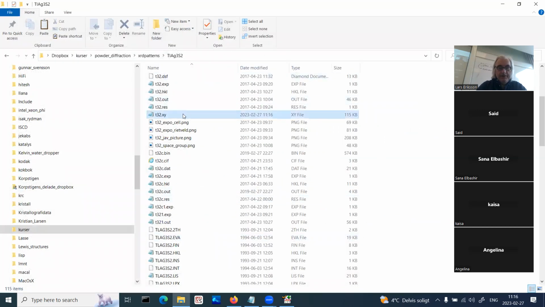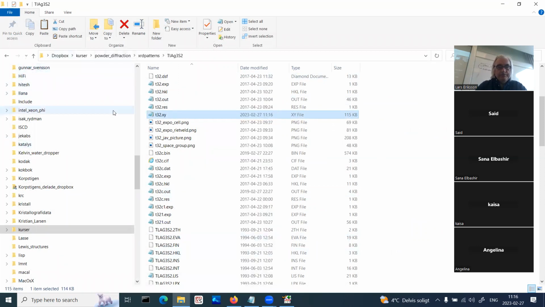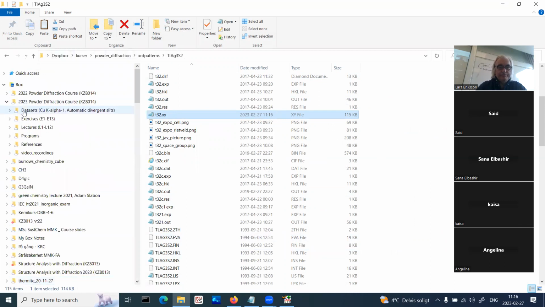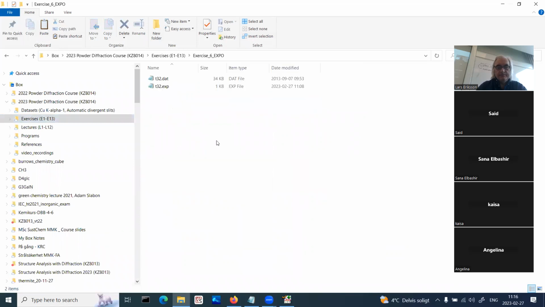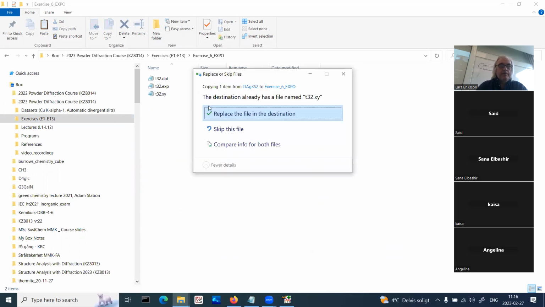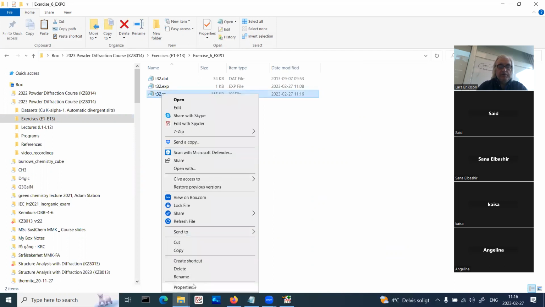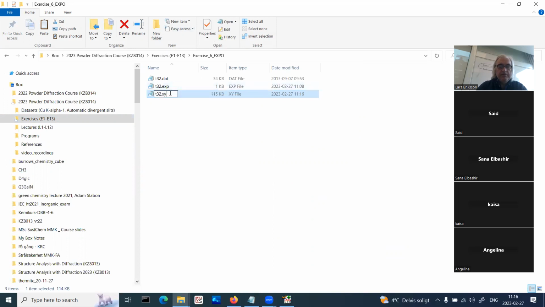Long journey. Copy. Dataset exercises. And we could perhaps, for HighScore to read it, I think we need to retype the extension from XY to ASC.